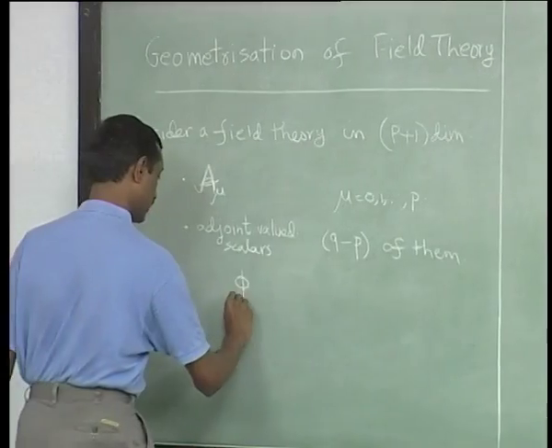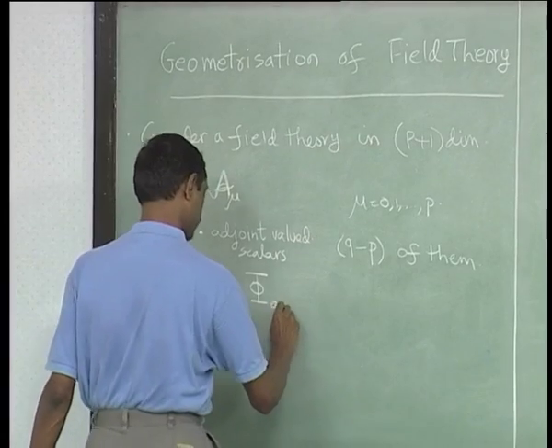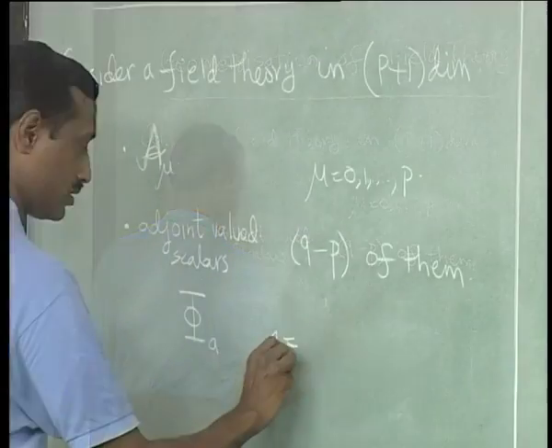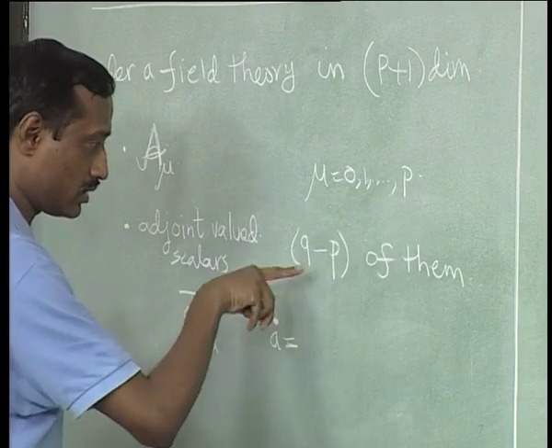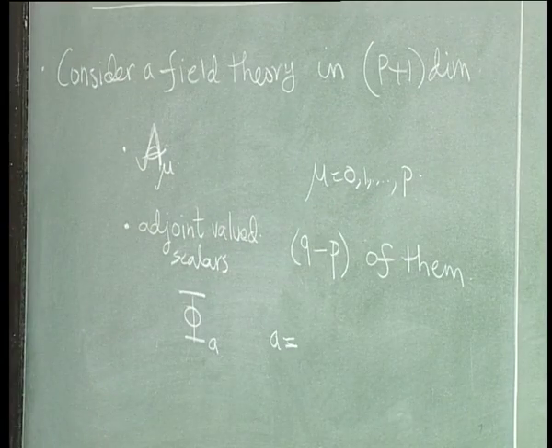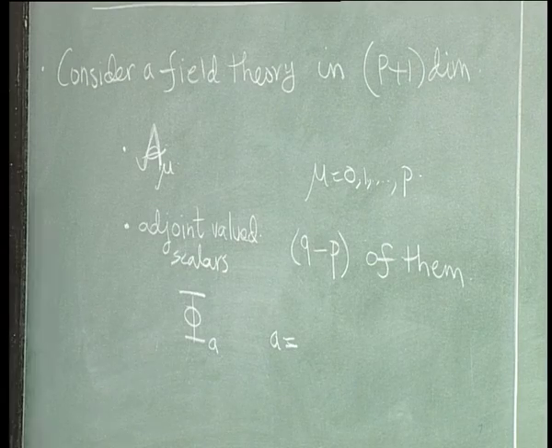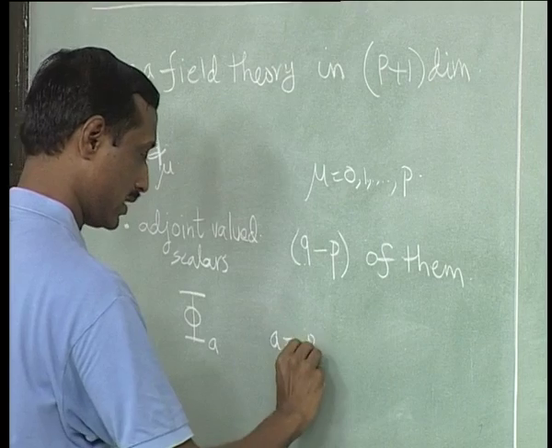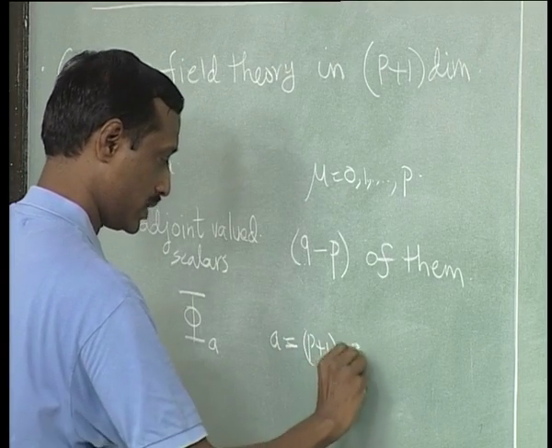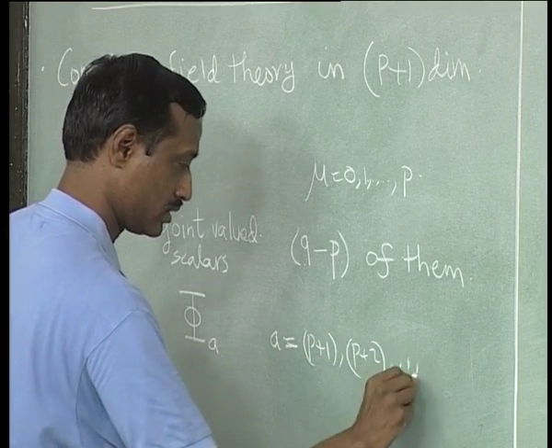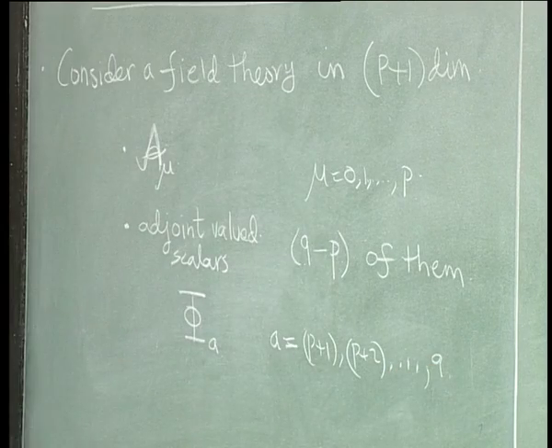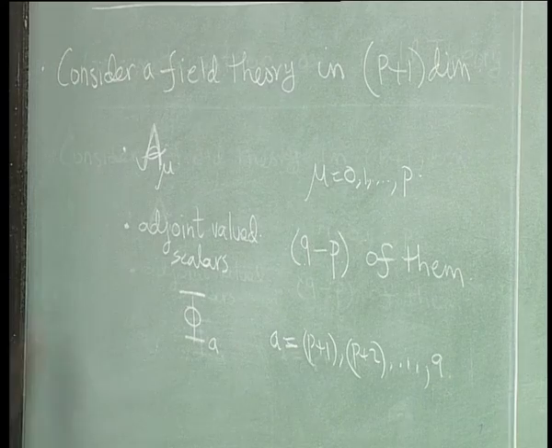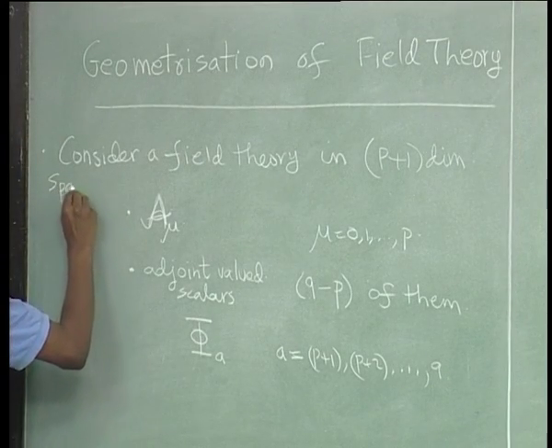Let us just call these phi A, where A runs from, since there are 9 minus p of them, I will label them as p plus 1, p plus 2, instead of 1 to 9 minus p. Okay. So this is the spectrum, or the fields.